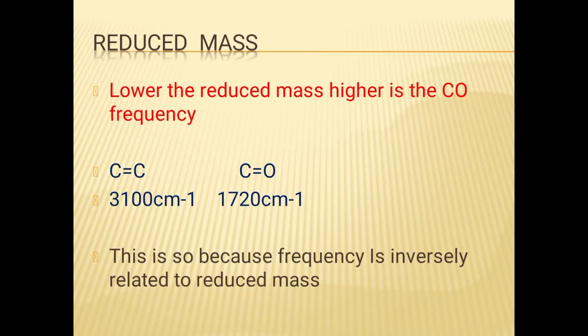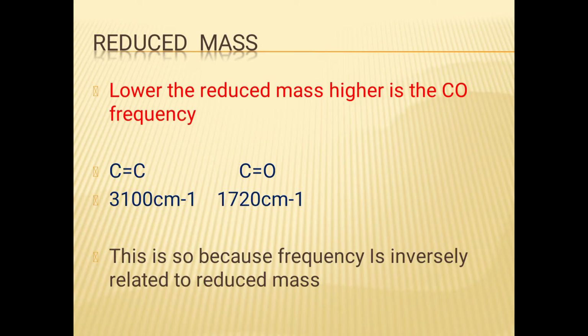Next is reduced mass. As we have seen in the formula, the frequency is inversely related to the reduced mass. So the higher the reduced mass, the lower will be the frequency. Now from these two bonds that I have given, that is C double bond C and C double bond O, we know that the reduced mass is higher for carbonyl, that is C double bond O. But notice that the frequency for carbonyl is much less as compared to the C double bond C group.